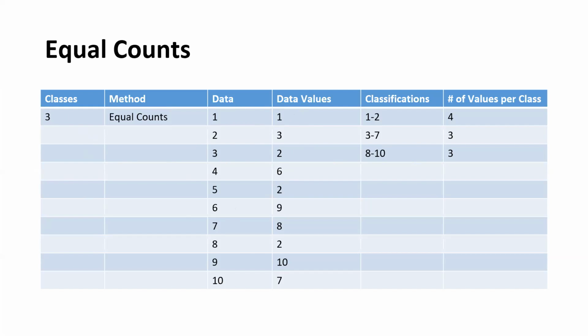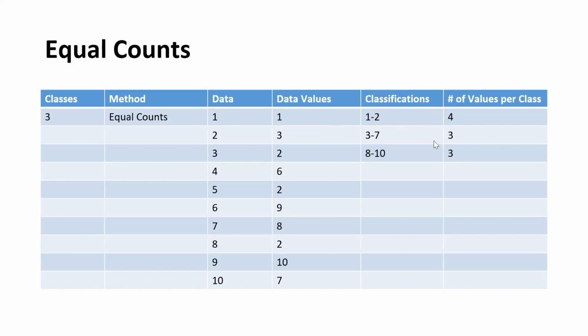So the closest way of dividing it into more or less equal counts is to have 4 in one class and 3 each in the other 2 classes. When we adopt this concept of equal counts, it tries to accommodate the values into the classes while maintaining at least somewhat equal numbers of values inside each.